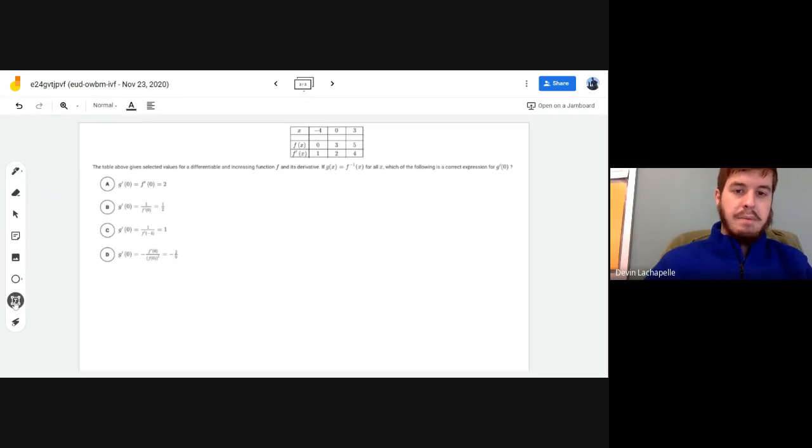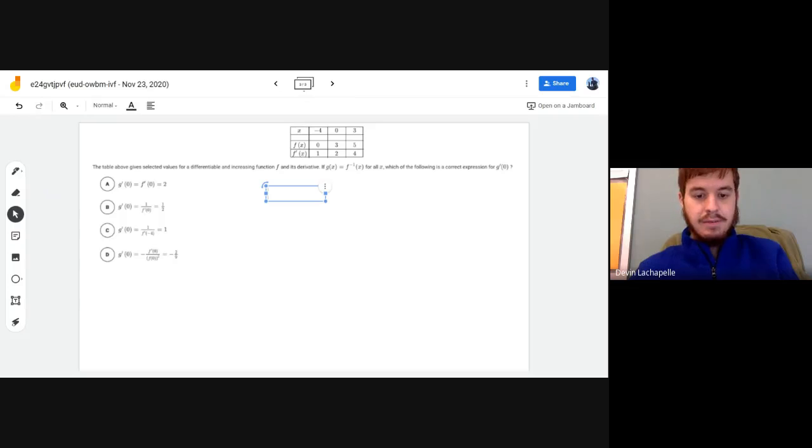Let's just get a little reminder of what the inverse function means, generally speaking. If I have g of f of x, and g and f are inverses, then I will just get x as my output.